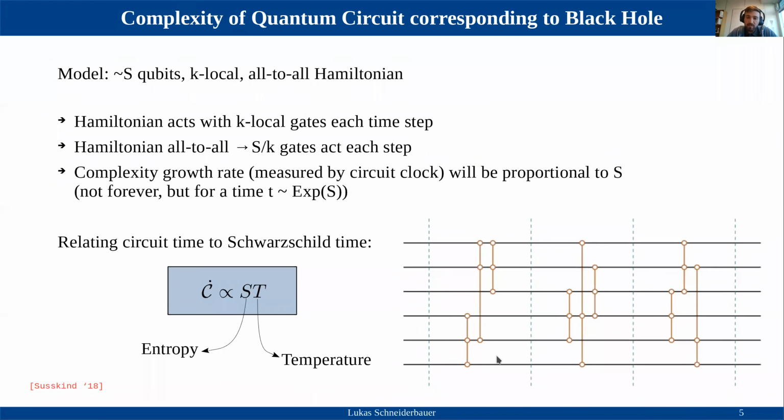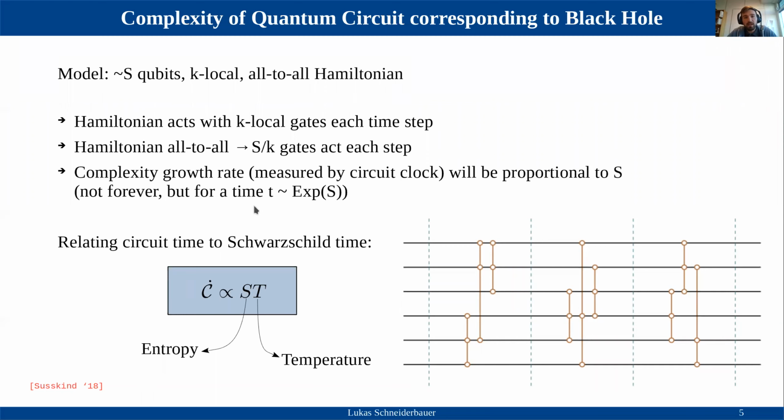So if we start with some arbitrary reference state, let's say at t equals 0, and we evolve this state with this Hamiltonian, and since this Hamiltonian will act with a number of gates that is proportional to s, also the complexity of the state will increase per time step with a number that is proportional to s. Now, of course, this cannot go on like this forever, because at some point we might hit a state that has a shorter route to it, which would be a lower complexity.